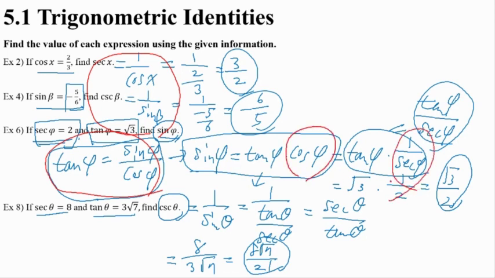Number 8 is a little different: cosecant is 1 over sine theta, so cosecant theta means secant over tangent. Looks like a similar problem.